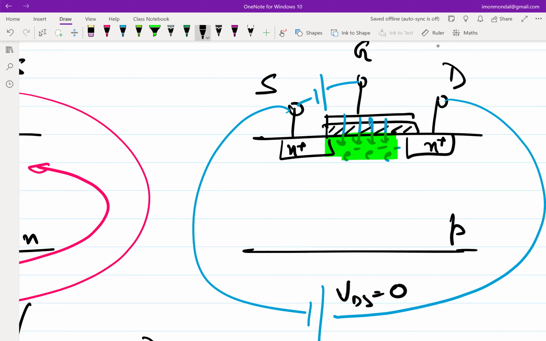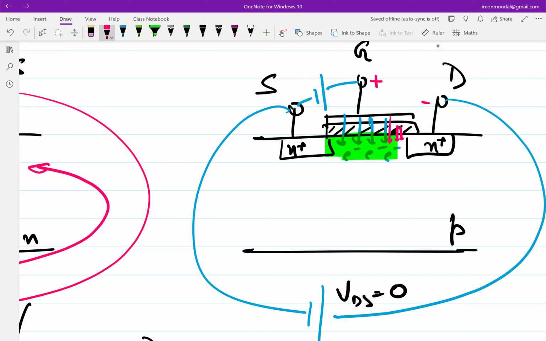Now I'm not affecting the source, not affecting the gate voltage. I increase the drain voltage, right? So if I increase the drain voltage, this voltage difference, what is happening? Is it increasing or decreasing? That is decreasing, right? So which means the electric fields at the drain junction are decreasing, which means the amount of channel charge towards the drain junction will decrease.